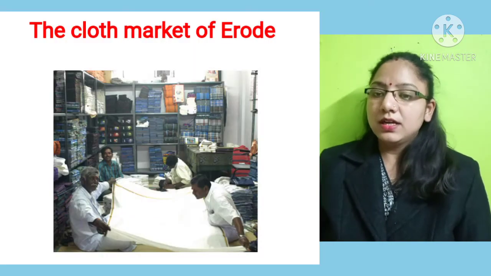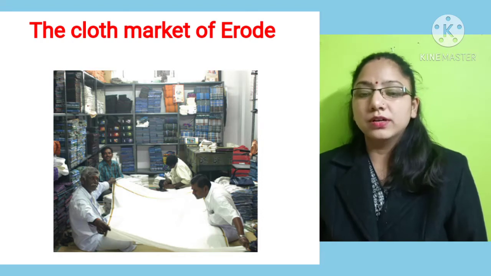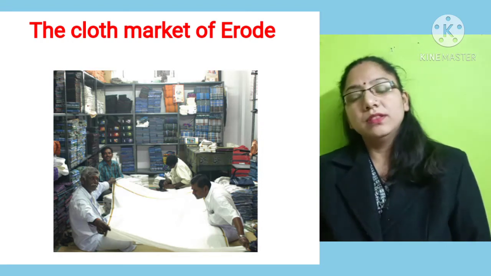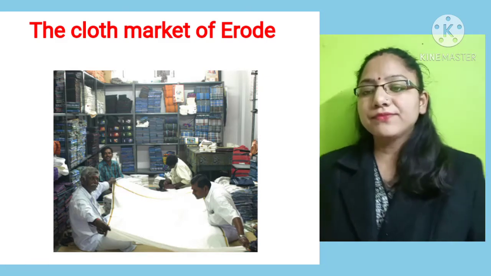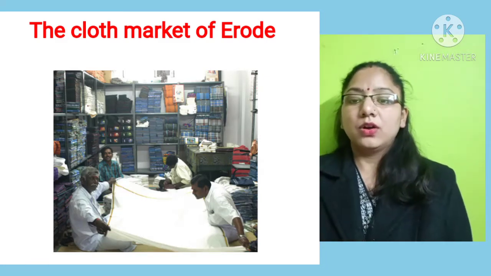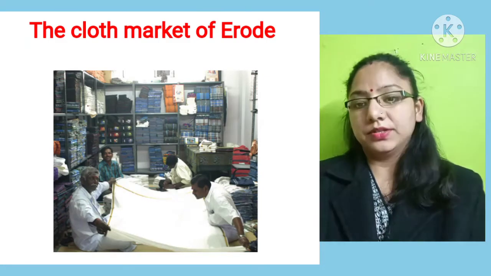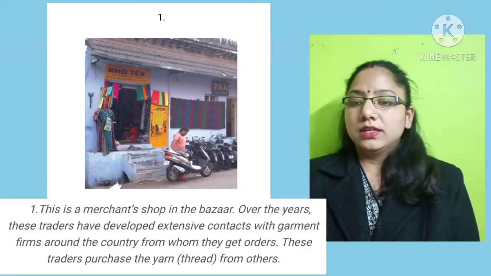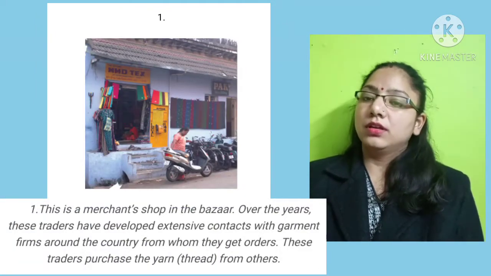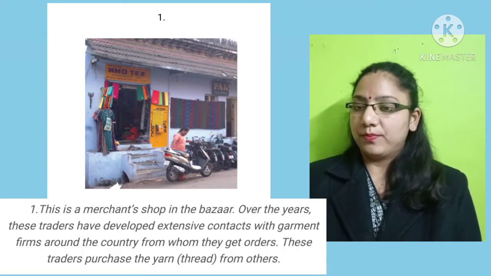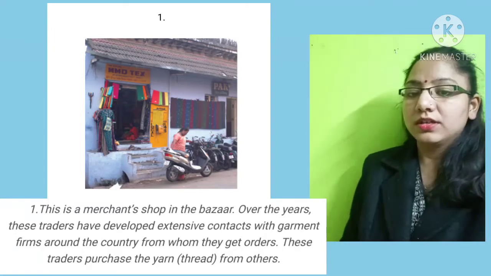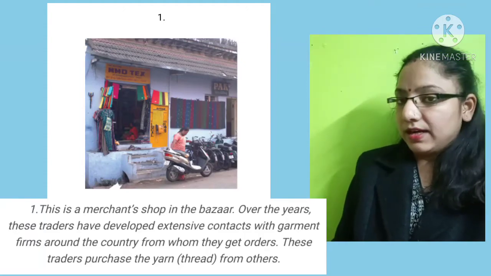This market is not only about ready-made clothes, even for the weavers also. Many types of factories are also situated here. You can see just in the pictures. Here in the first picture, you can see a shop of a merchant in the market.